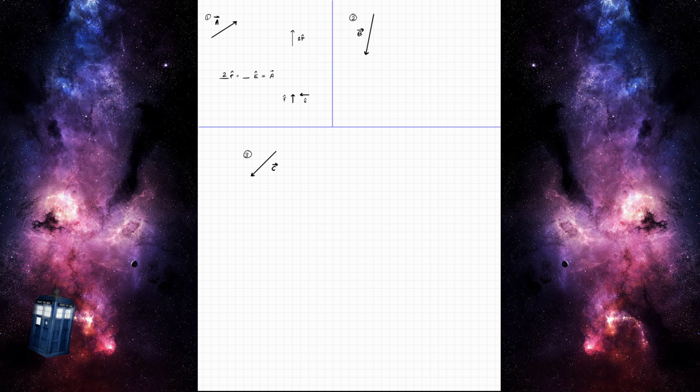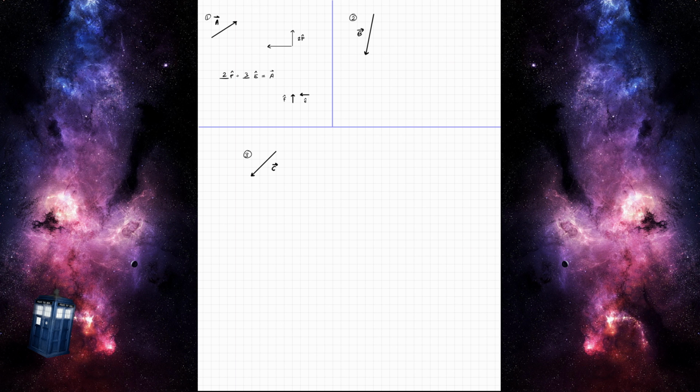And then do the same thing with your e vector. 1, 2, 3. Okay. So now we're going to write 3, and we're going to do our, let's see, 1, 2, 3, right? But if you'll notice, that's not going to work, right?